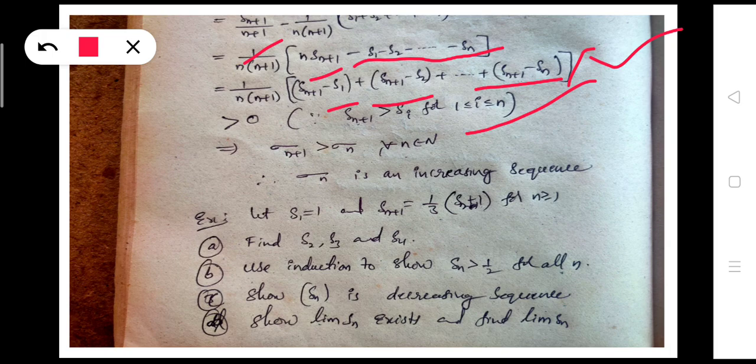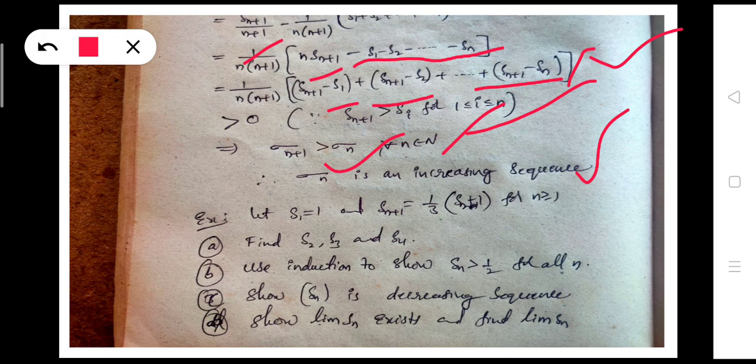Hence sigma n plus 1 minus sigma n is greater than 0, which means sigma n plus 1 is greater than sigma n for every n belonging to the natural numbers. Therefore sigma n is an increasing sequence. This is what I wanted to show.